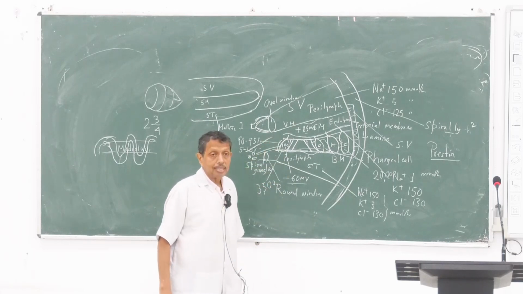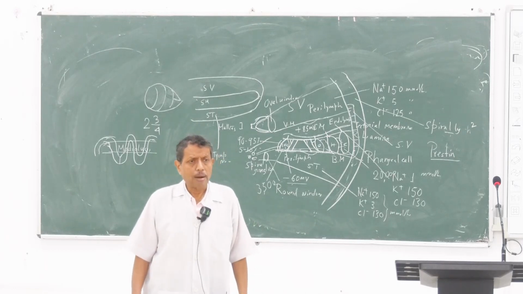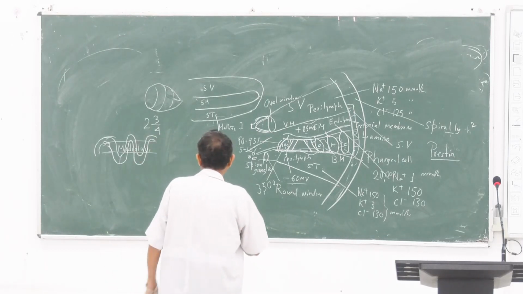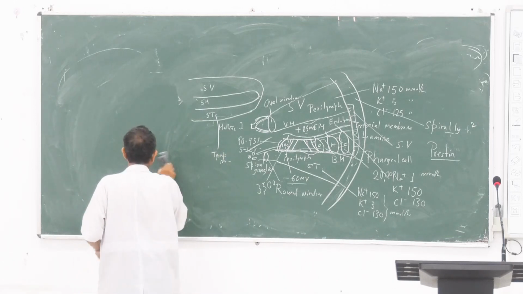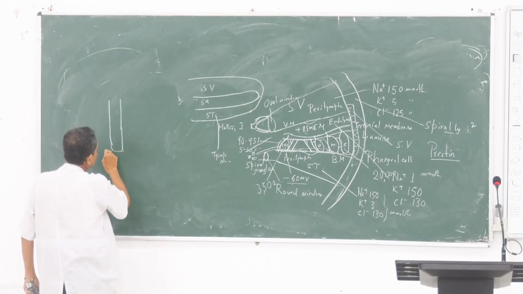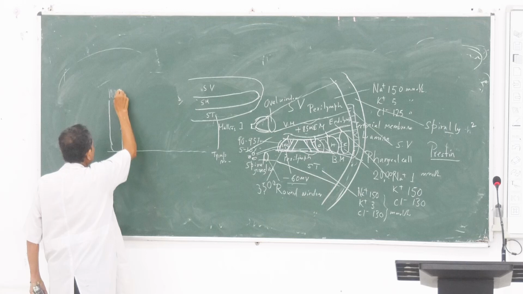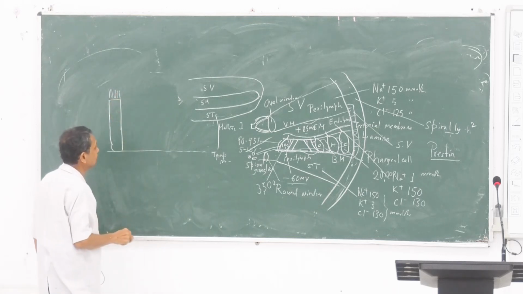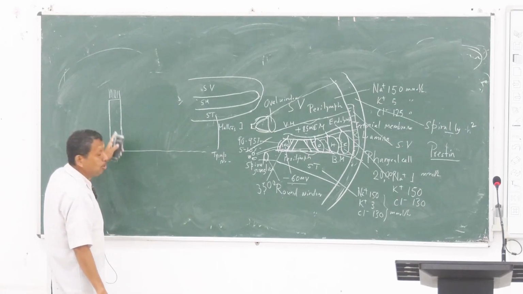Now, how the hair cells have their effect, not only in the cochlea but elsewhere. Except in the cochlea, there is a kinocilium.